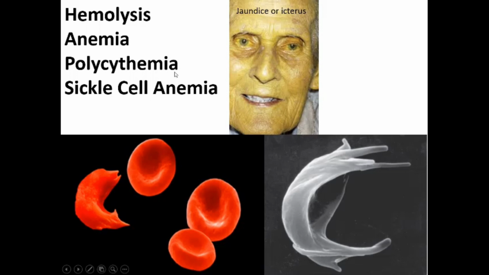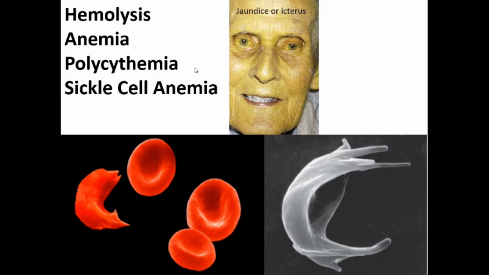Sometimes this polycythemia is physiologic, especially in people who live at a high altitude for a long time. This kind of person, in order to compensate for the low tension of oxygen, produces a lot of RBCs to compensate for these hypoxia situations.